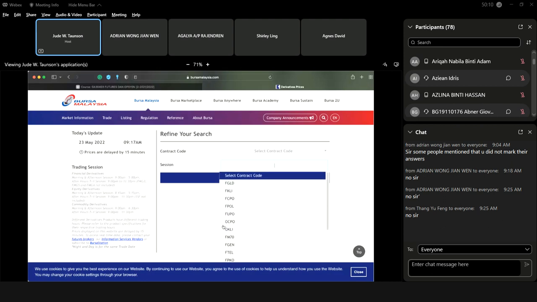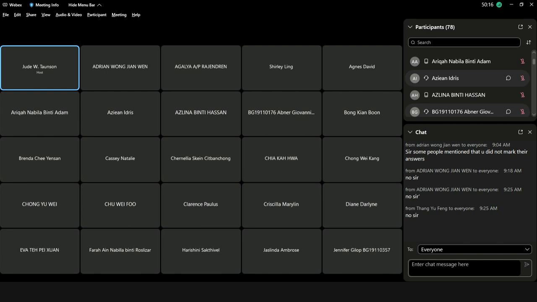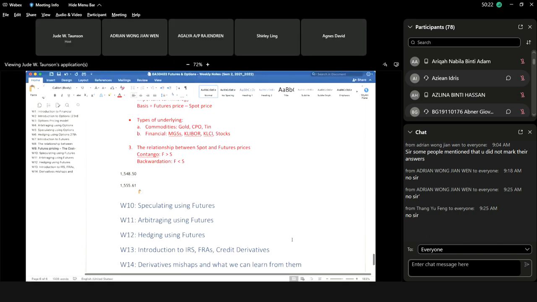Let us go back to our notes. I hope you can see this. This is the price which we extracted from the website. This is real data. This one is the FKLI.